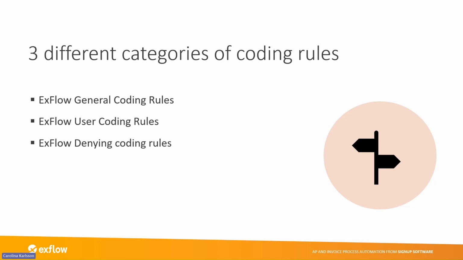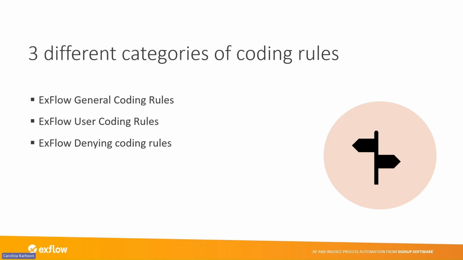And with the user coding rules, you specify what a user can do. So you give permission on what they are allowed to do. And the user coding rules are used per user, per company. You can have multiple rules, but you only set 1 per user per company.